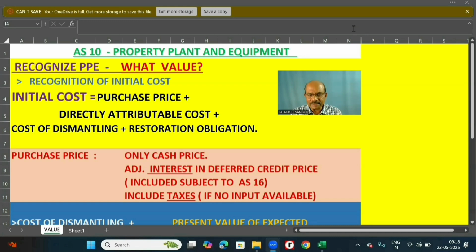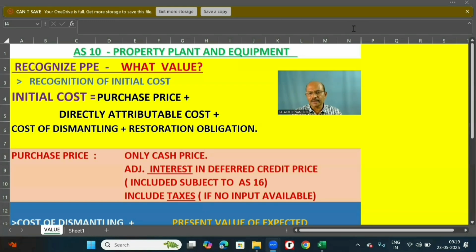Well, in such cases, that is, if it is a qualifying asset, interest may be capitalized as part of the cost. I repeat, as part of the cost until the asset is ready for its intended use. But if the purchase is a simple deferred credit purchase, not involving a qualifying asset or construction, then the interest is not capitalized either under Accounting Standard 10 or Accounting Standard 16.